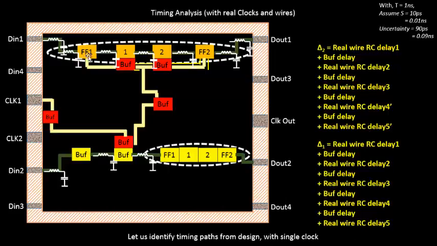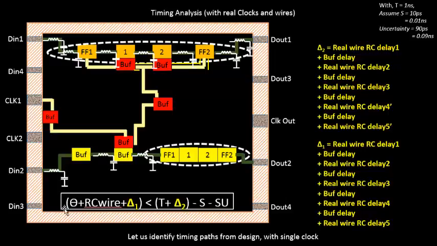Now your combinational delay from flip-flop 1 to flip-flop 2 through this combinational logic will have a real wire delay rather than the estimated wire delay we have been using till now. So you have your combinational delay plus your RC wire delays, which are now the real wire delays between flip-flop 1 to 1, 1 to 2, 2 to flip-flop 2, and the remaining equations remain the same.